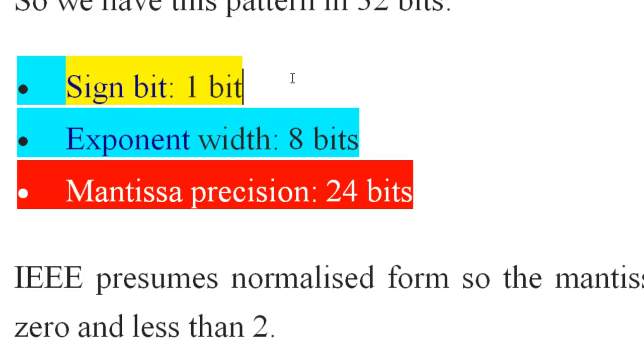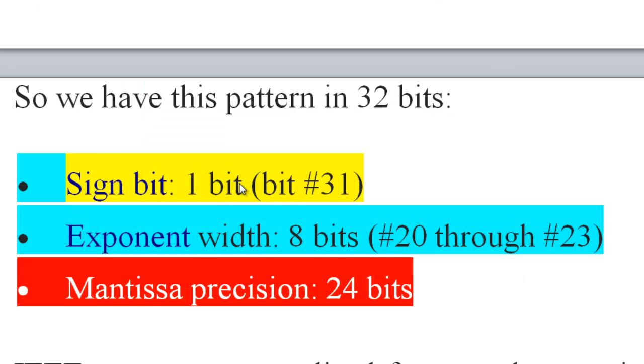In actual fact, this is bit number 31, and these bit numbers can also be identified. That the sign bit is bit 31, and the exponent width, the 8 bits, is really bit number 30, not 20, beg your pardon, 30 through 23.